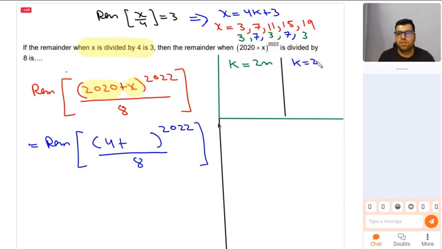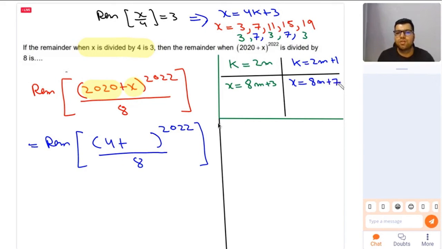So if k is of 2m form, then what will x become? Just replace k with 2m, x becomes equal to 8m plus 3. And if k is 2m plus 1, then x becomes equal to 8m plus 4 plus 3, so 8m plus 7.